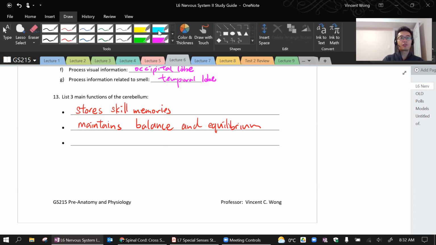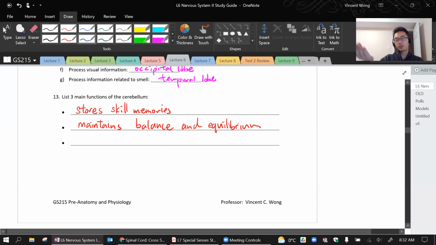So for example, if you are sitting, I assume most of you are sitting right now, then there is going to be a reference picture in your cerebellum of what sitting should look like. Okay, so sitting would be something like this. Your center of gravity is low, and your legs are this way, and that's the reference of what sitting should look like.